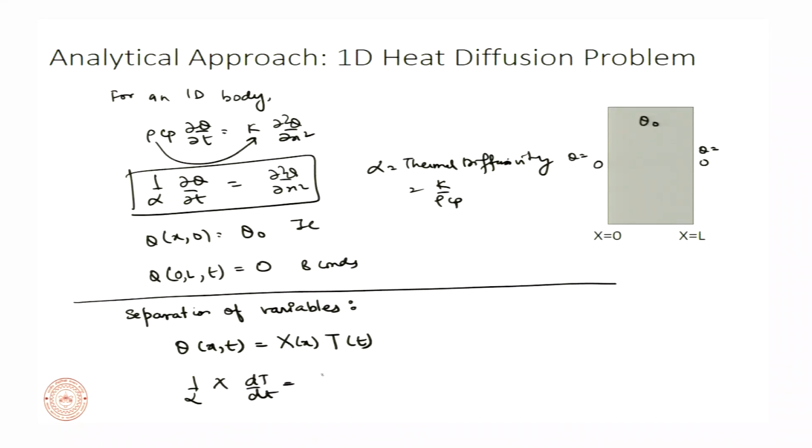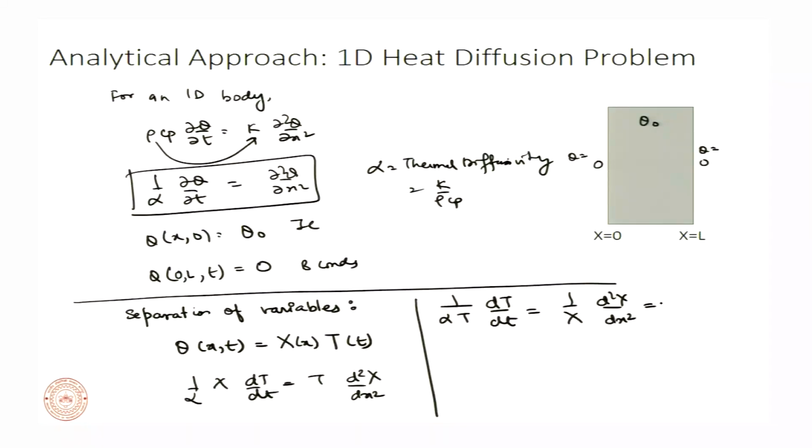And del squared theta by del x squared will only be differentiated with respect to x, and T will come out. So, T d squared X by dx squared. You can make some substitutions, and you can take T to the left and X to the right. You will have 1 by alpha T dT by dt equals 1 by X d squared X by dx squared.